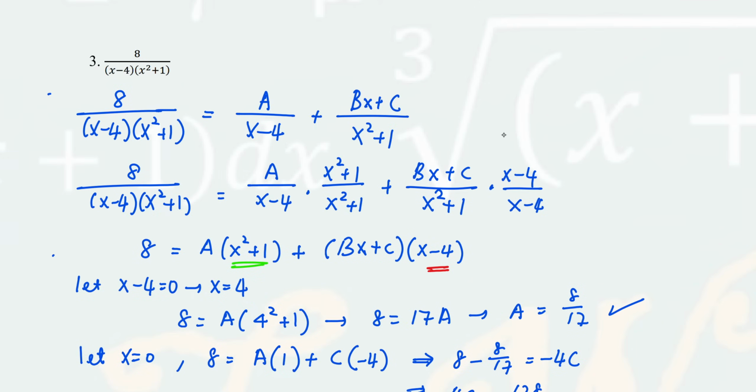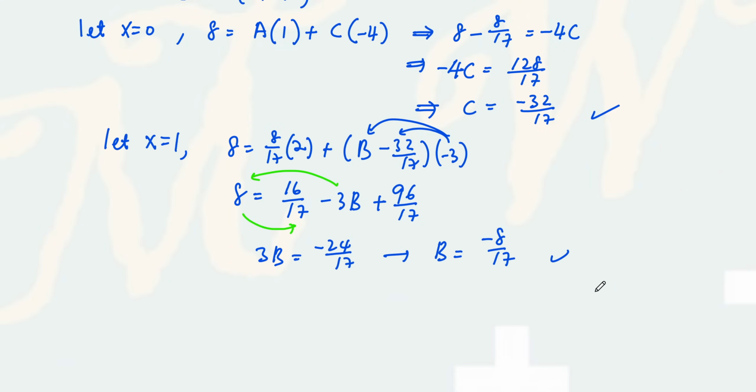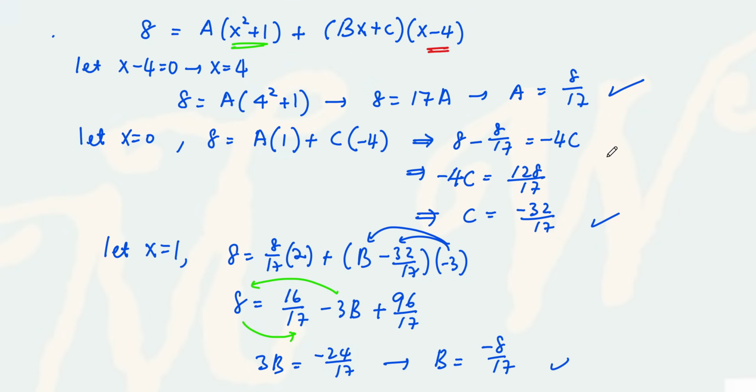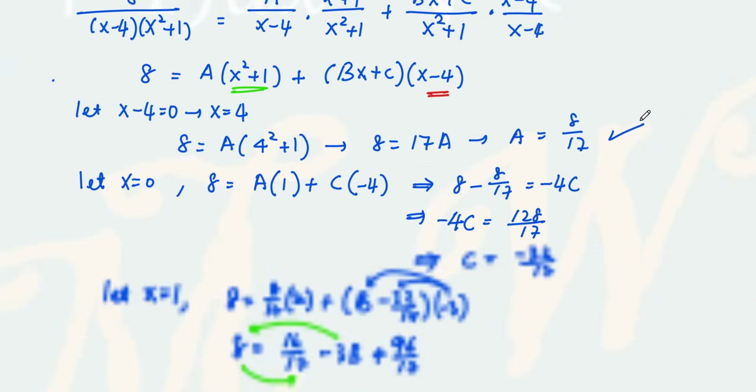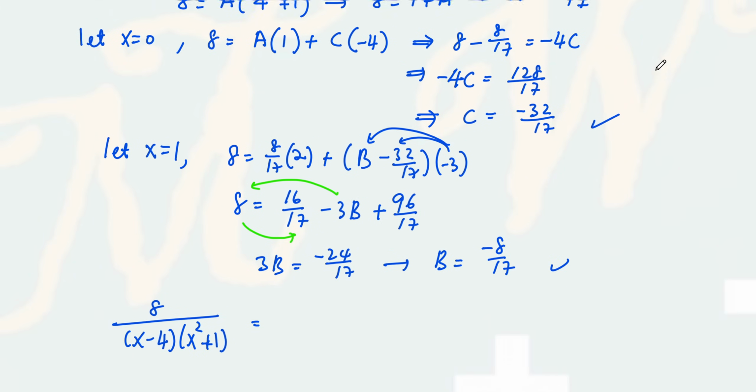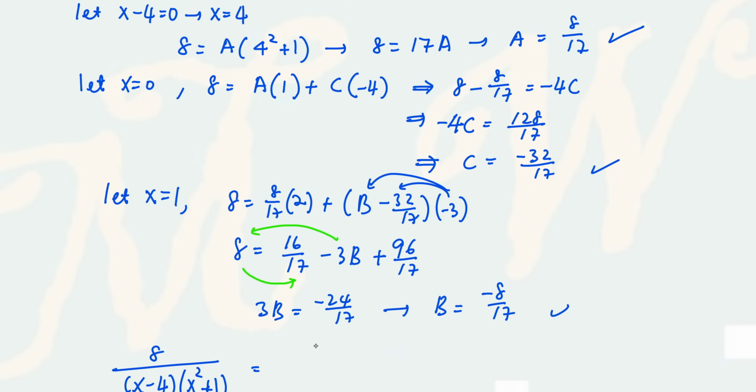Last step is just to replace all these values in the beginning step. So I will write 8 over x minus 4, x squared plus 1. That is a over x minus 4. So my a is 8 over 17.